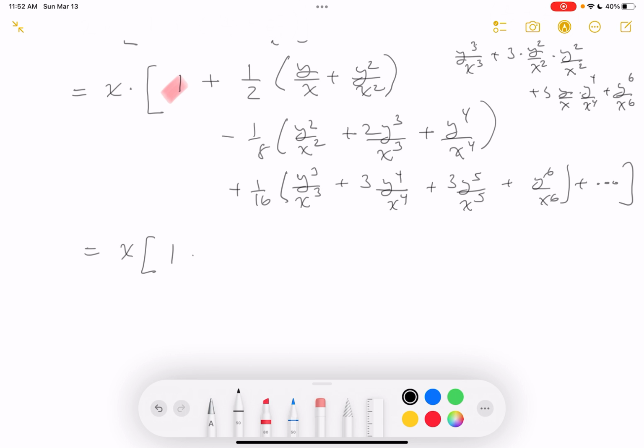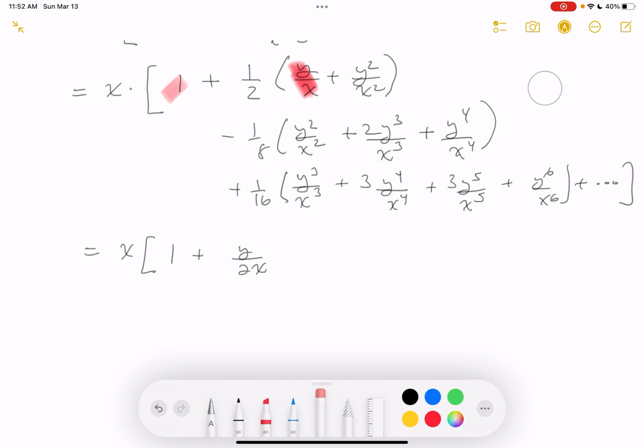I see y over 2x. All right, a little more difficult now. I got this over here. And by the way, I'm going to get my eraser out to erase this thing over here. Okay, so what I'm going to do now is look for the next term in the list, which would be y squared over x squared. Oops, I didn't mean to do that.